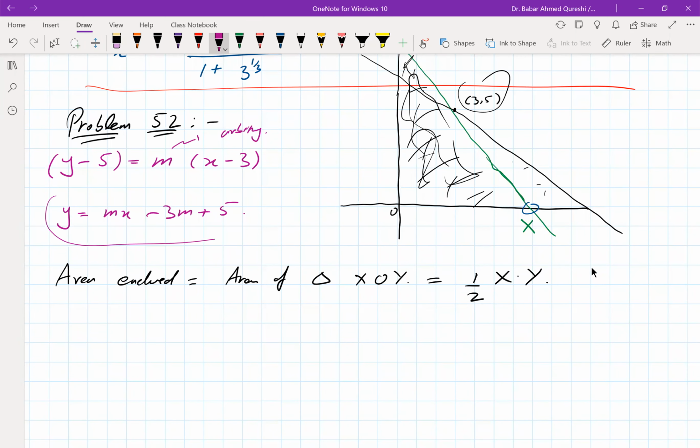So from here, I can find capital X. It's when y is 0, so mx minus 3m plus 5 equals 0.